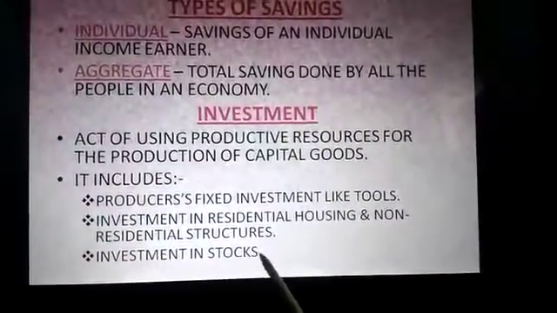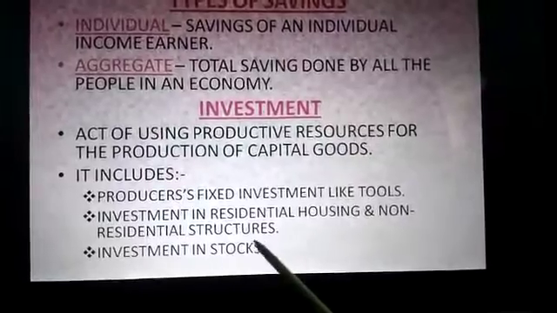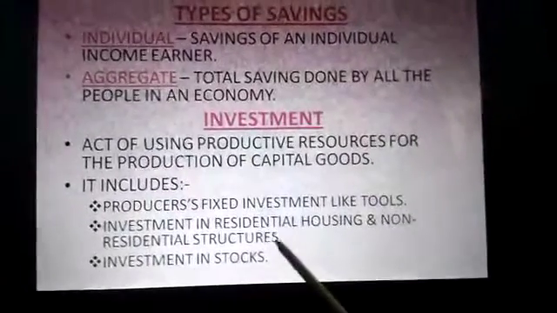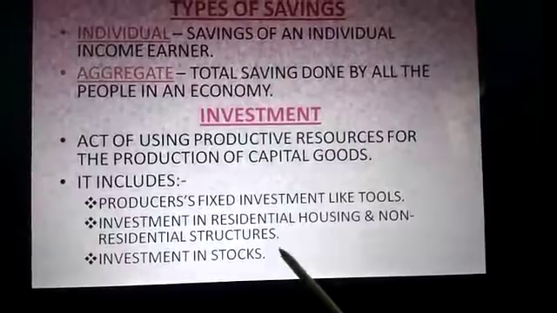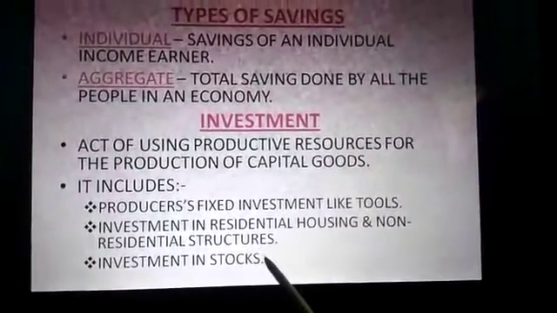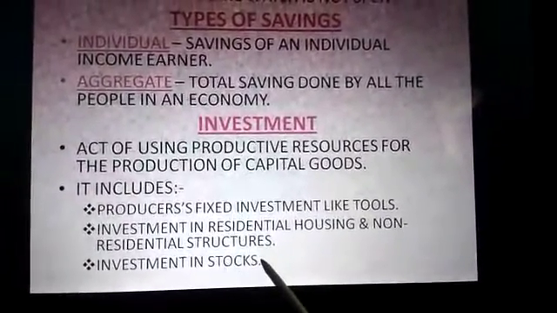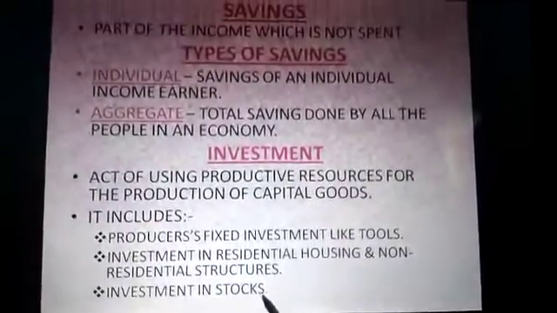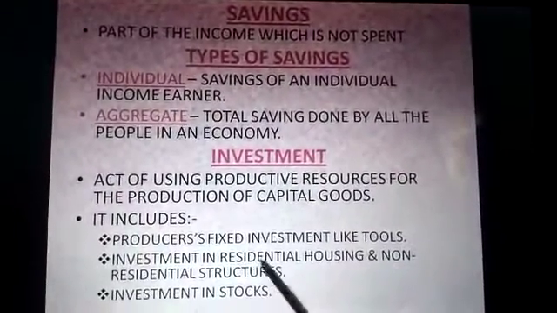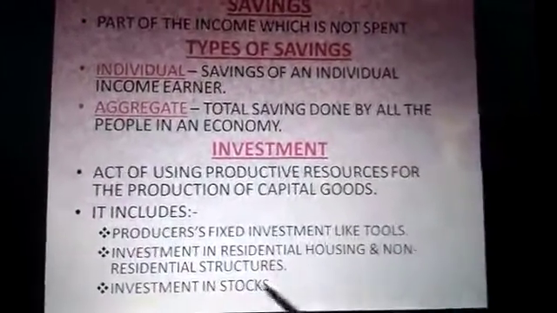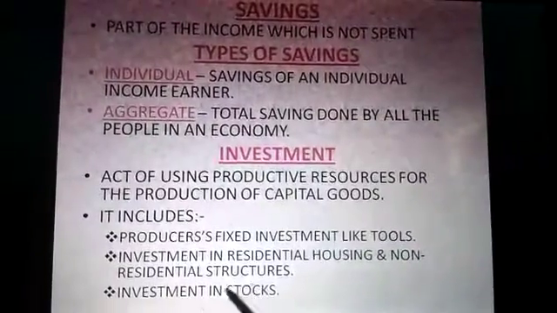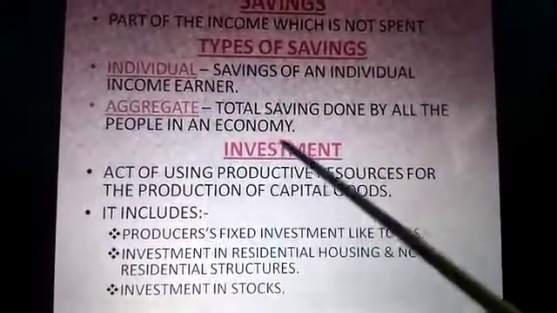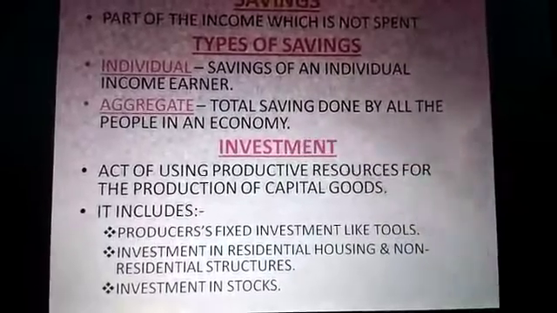The last one is investment in stocks, which includes the stock of consumer goods he possesses and the stock of raw material which he possesses. Like at the end of the year, he's having a little quantity of raw material for the next year, plus he has some produced goods which are already produced. Those come under stocks, and all the three is included in investment.